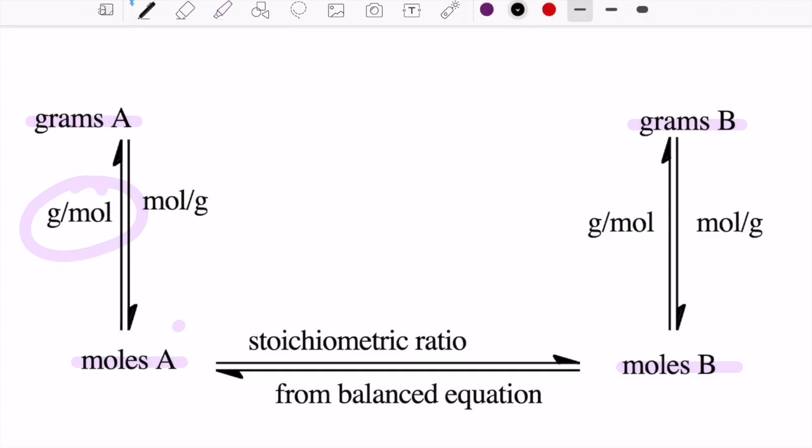That means that you use something called the stoichiometric ratio. That's what this says, or what I called the mole to mole ratio. And then you're finally in moles of B, and you want to get to grams of B, then that's when you use that molar mass, right? You're going from grams to moles, moles to grams. This can be helpful, or it can be overwhelming, but I thought I would include it just as another resource.